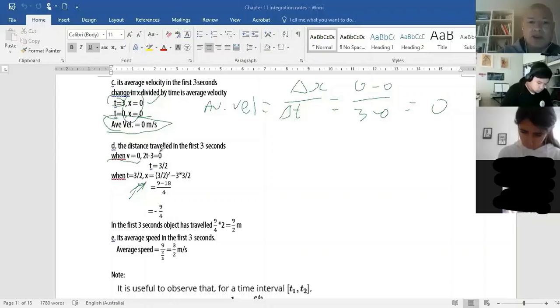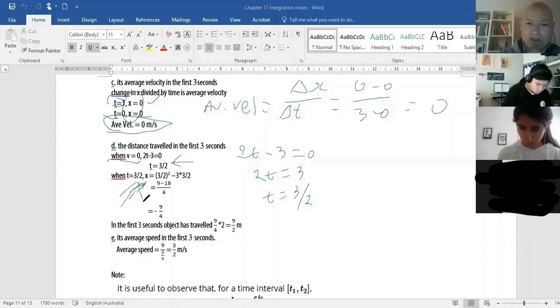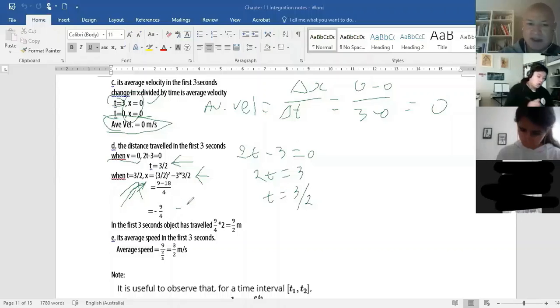So I put the velocity, which is 2t minus 3, equal to 0. 2t equals 3, t equals 3 divided by 2. So 1.5 seconds. That's how I got that one there. At the time of 1.5, or 3 divided by 2, we're substituting it into our x rule, our distance rule, to find where it's gone. So 3 divided by 2 squared minus 3 times 3 divided by 2. Okay, and we simplify that, we end up getting -9 on 4.